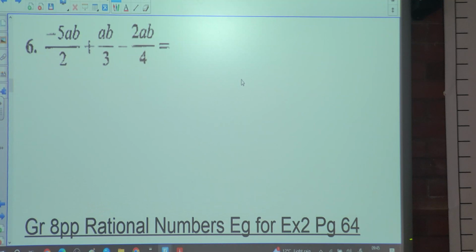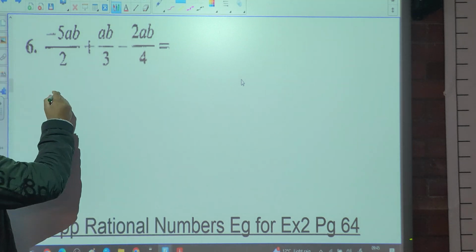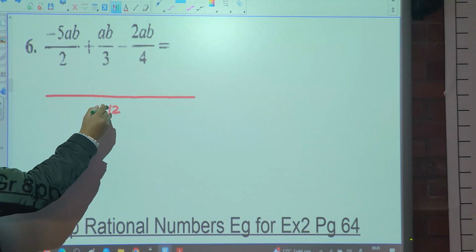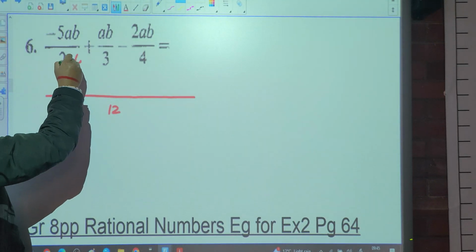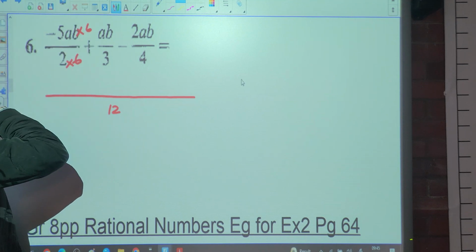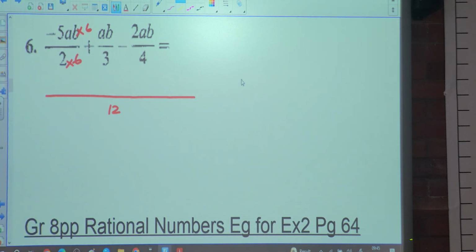But here we've got negative 5ab over 2 plus ab over 3 minus 2ab over 3. What's your LCM here? 12. So the numerator and denominator are multiplied by what to get 12? 6. So what is negative 5ab times 6?